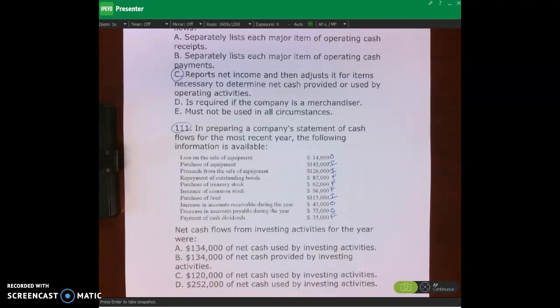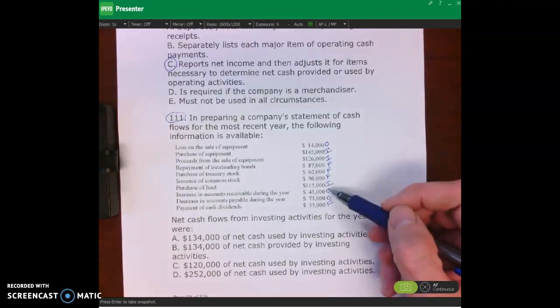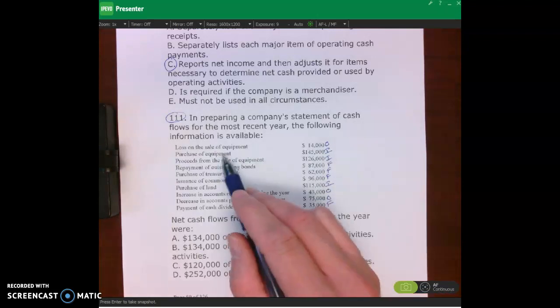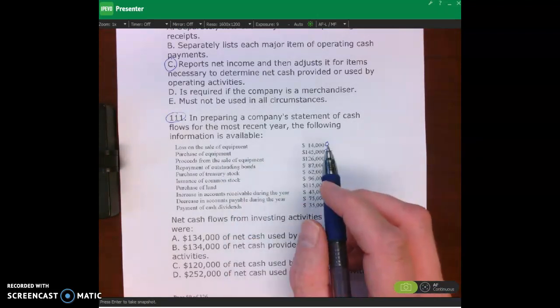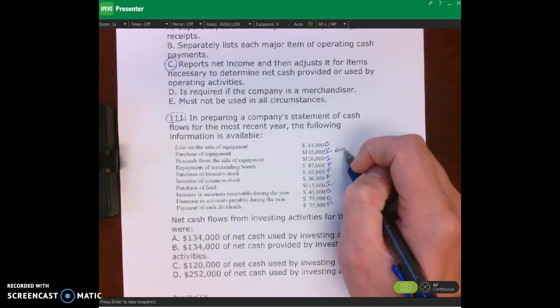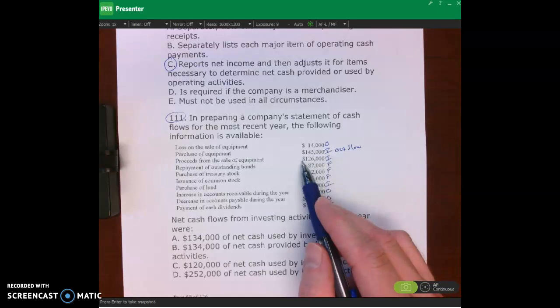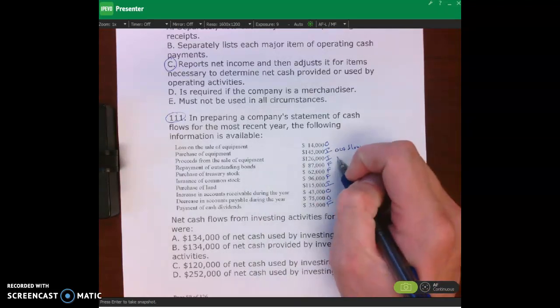So now what we can do is go through and take a look at only the ones labeled I. Now, purchase of equipment for $145,000. Is that an inflow or outflow? That's a cash outflow because I'm buying equipment. And then proceeds from the sale, that is an inflow.